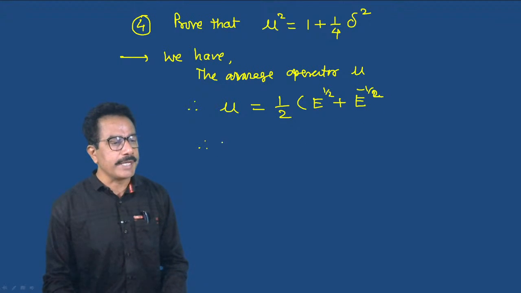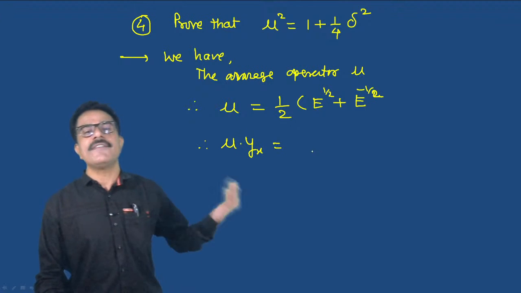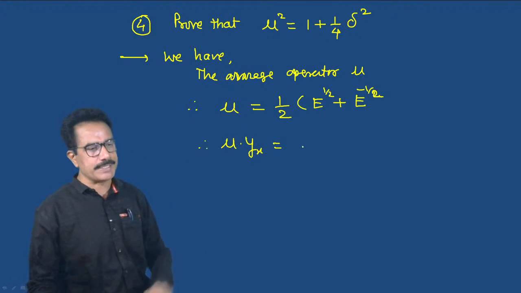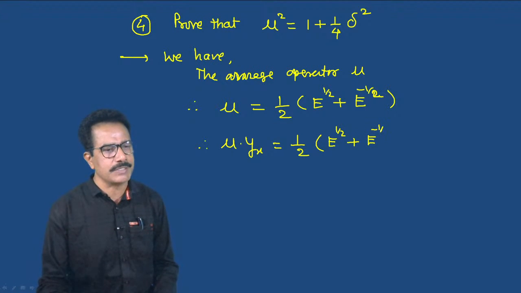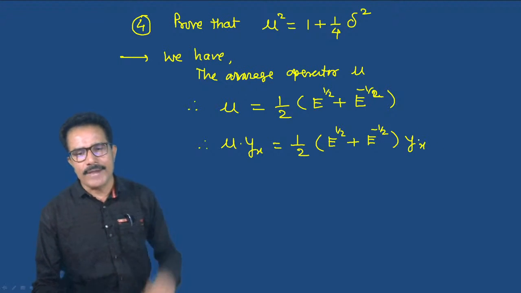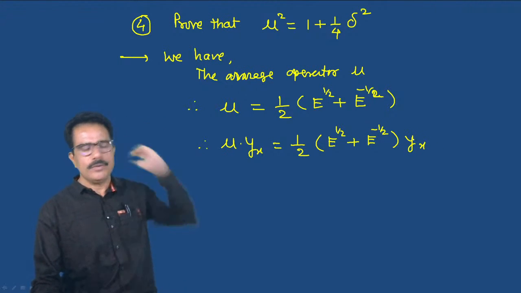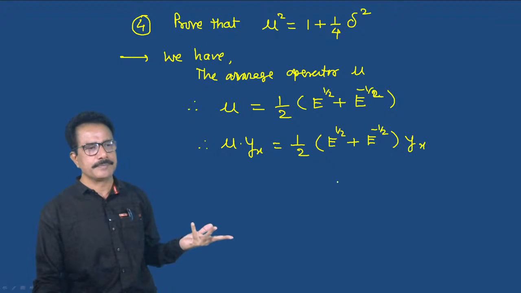But we have to take mu of yx. Generally, use yx in place of f of x. So 1 by 2, we can write e raised to 1 by 2 plus e raised to minus 1 by 2 of yx. Okay, this is the operator.